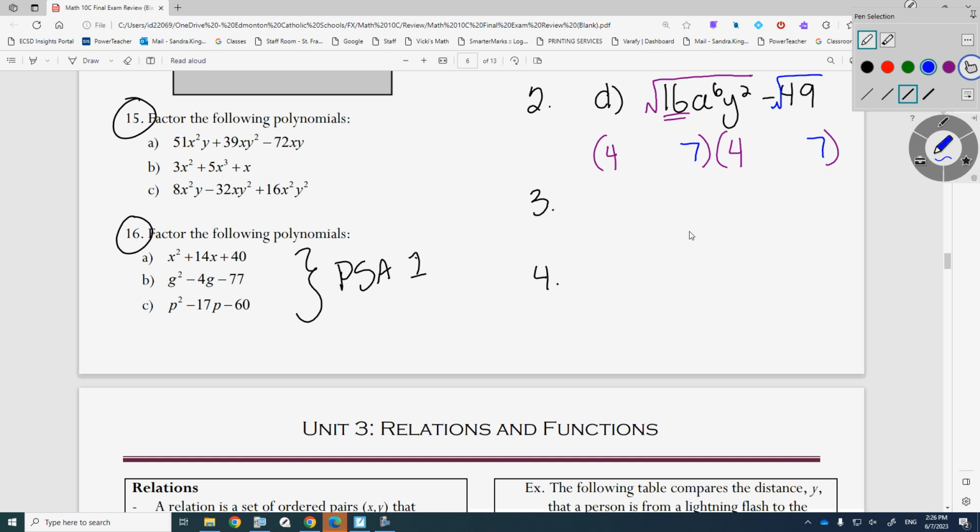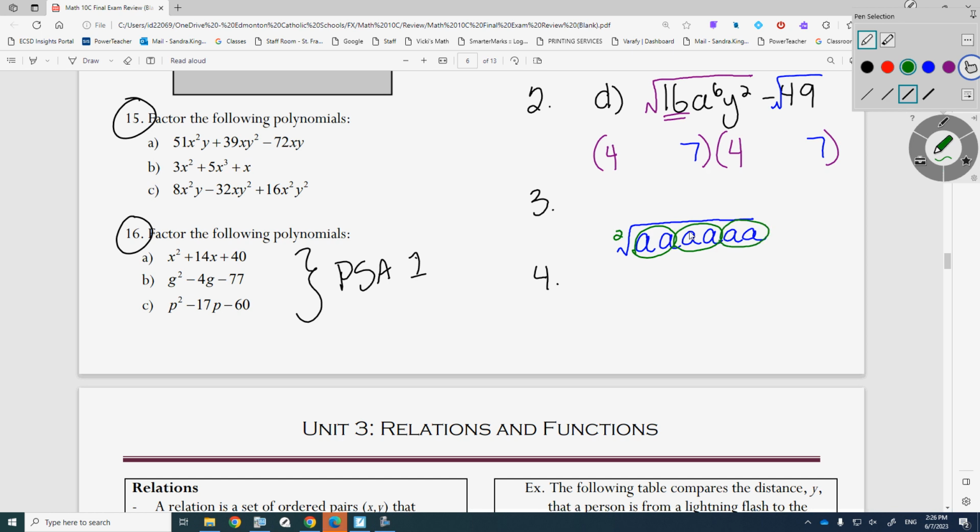But here's how you'd figure this out. The square root of a to the 6 would be this, right? That's the square root of a to the 6. And then, remember what we did is we circle pairs.